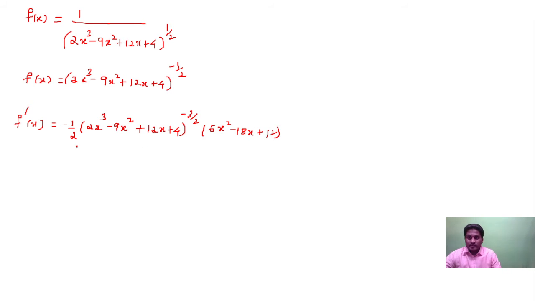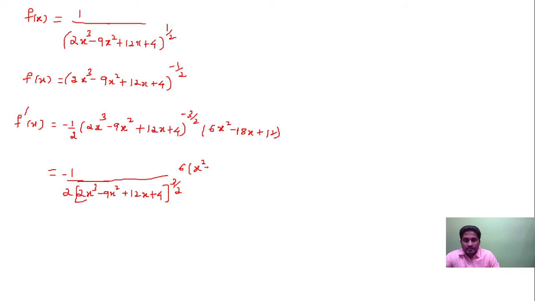Now this equals minus 1 by 2 over 2x cube minus 9x square plus 12x plus 4 whole to the power of plus 3 by 2. If I take 6 outside, you get x square minus 2x plus 2. Anyways, this will cancel 3 times. Now this is f dash of x.